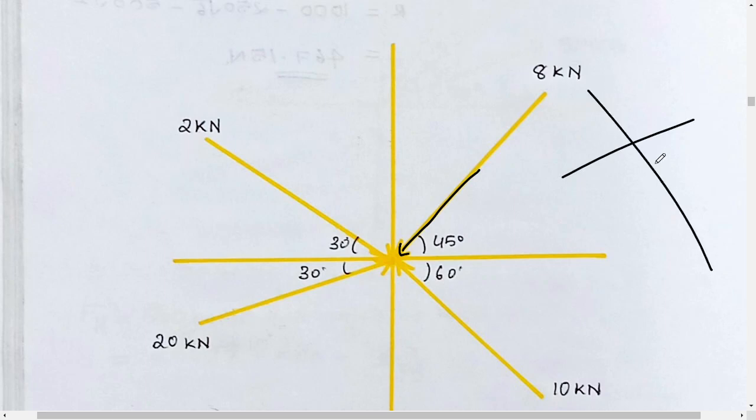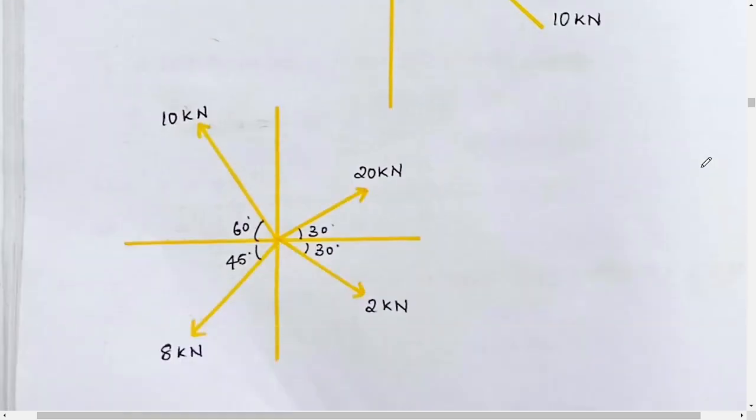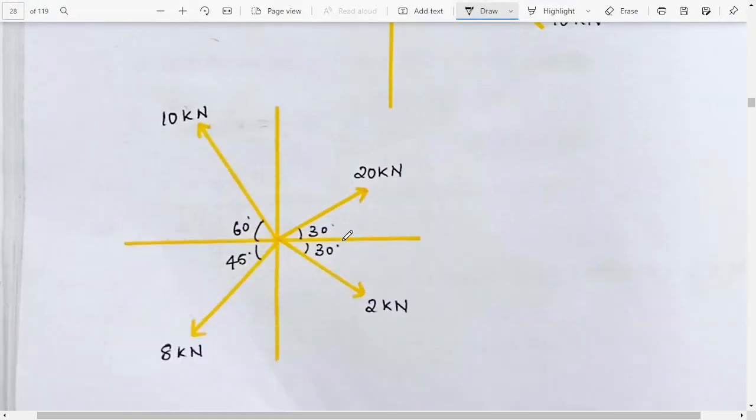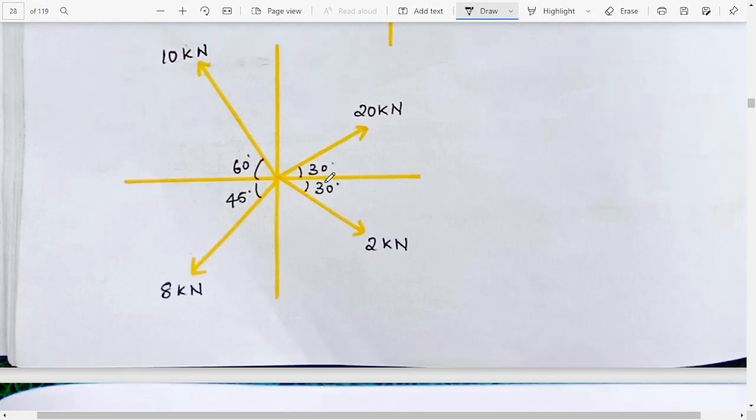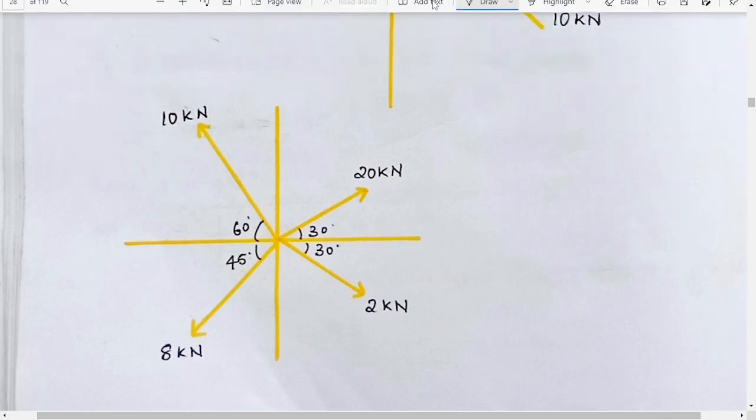Like if we are having these forces, it should be like this. Then we should have another force like this, and so on. Then only it will work. So we'll interchange these forces like this. Now we will find Fh, then we'll find Fv, then we'll find resultant, then we'll find alpha. Okay, it's nothing but simple.